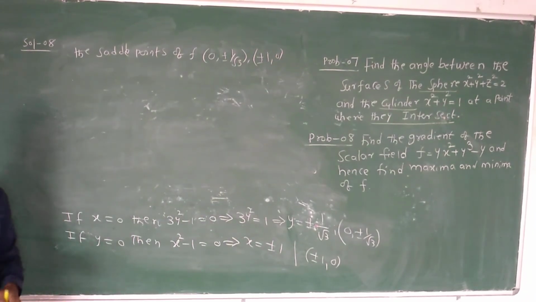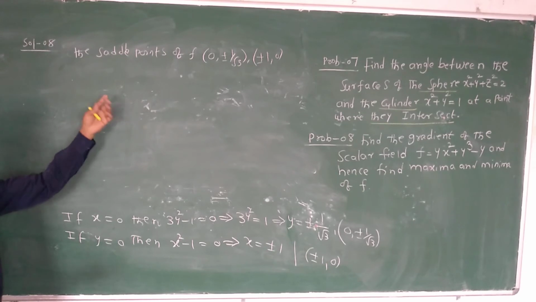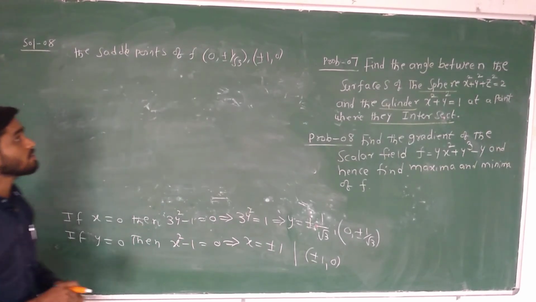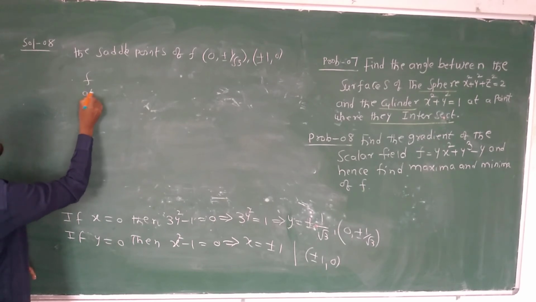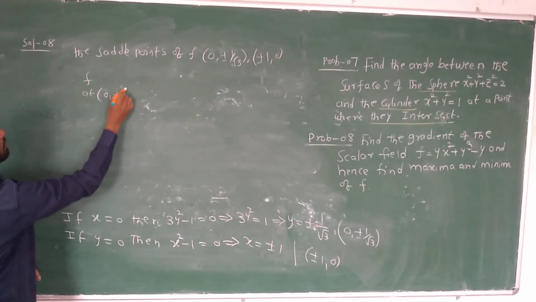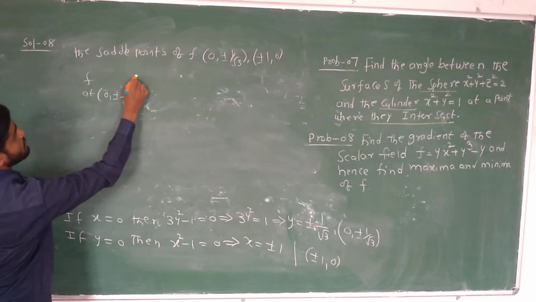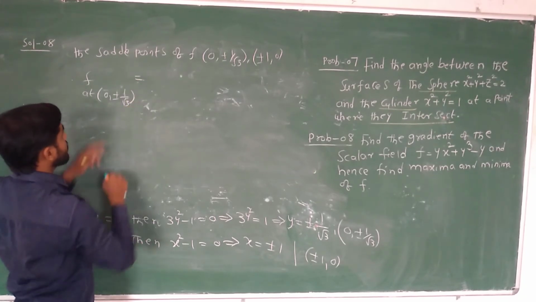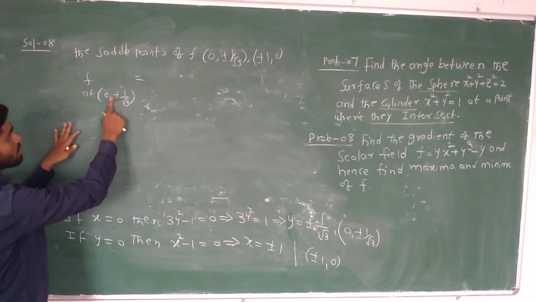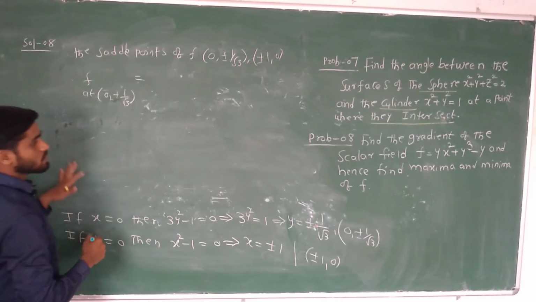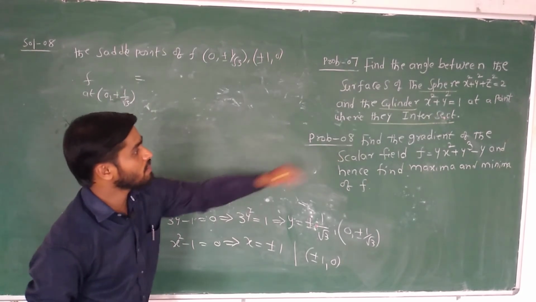Therefore the maxima and minima will exist between these points. Therefore f at 0 comma plus or minus 1 by root 3 is equal to, here x equal to 0, y equal to plus or minus 1 by root 3, therefore take plus 1 by root 3. So substitute in this given function f.